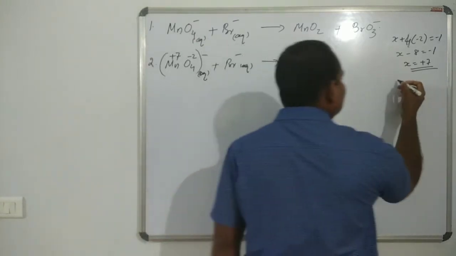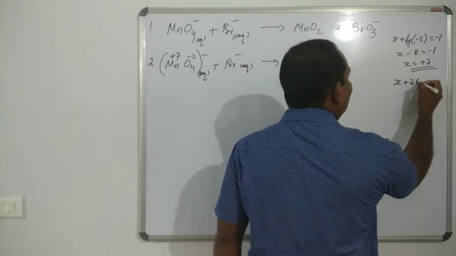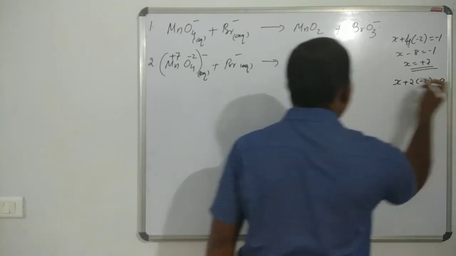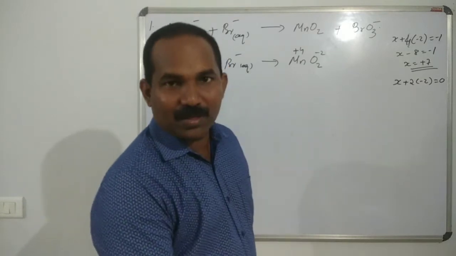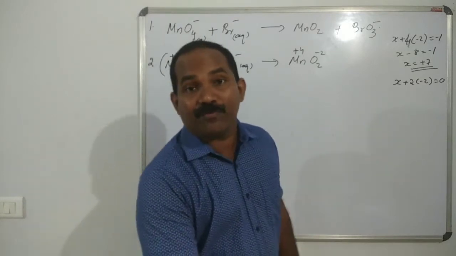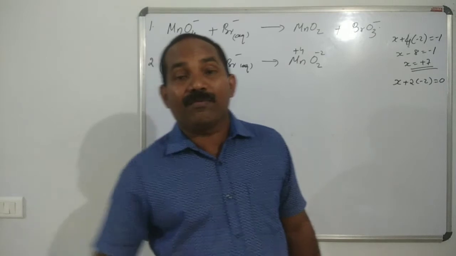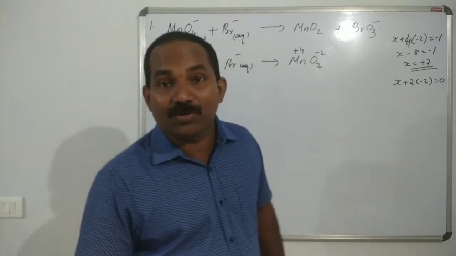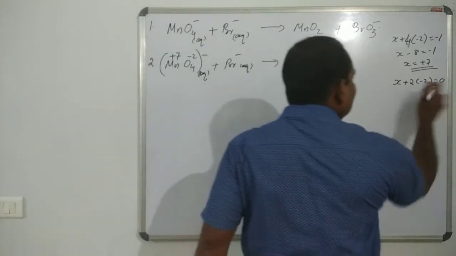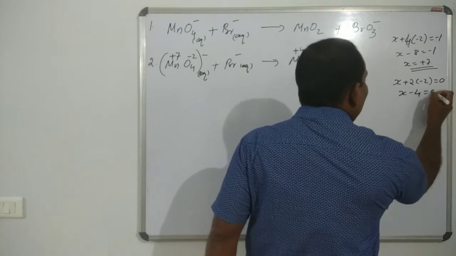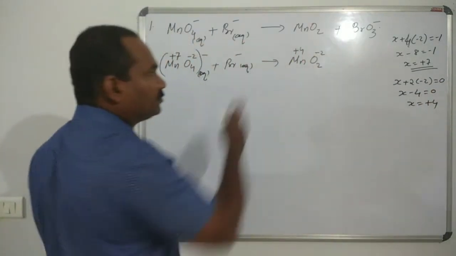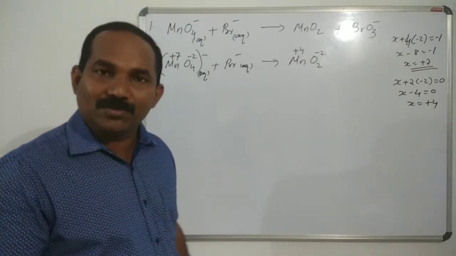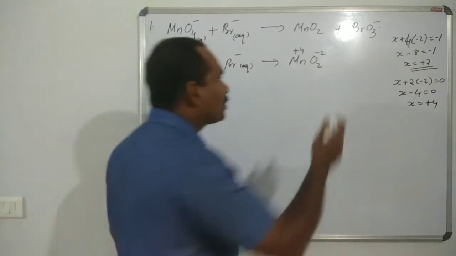Or you write x plus 2 into minus 2 is equal to 0, because the molecule is neutral. The algebraic sum of oxidation numbers of all the atoms in a neutral molecule is equal to 0. So x minus 4 is equal to 0, x is equal to plus 4. Mental maths is also easy.